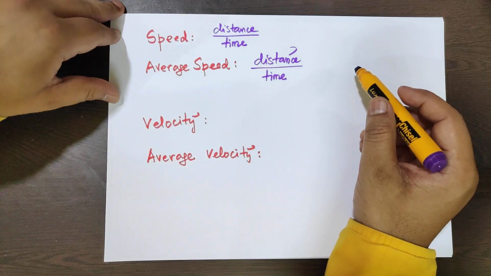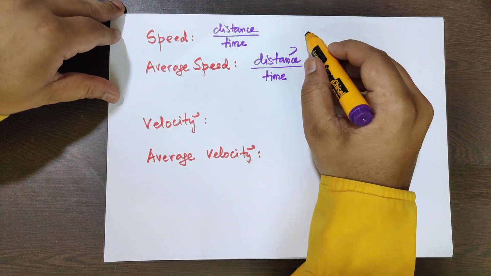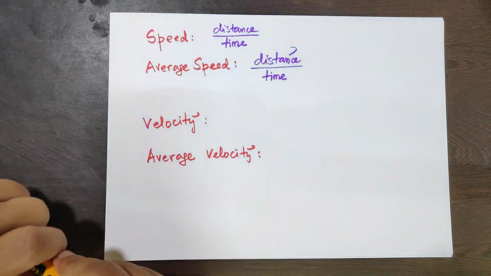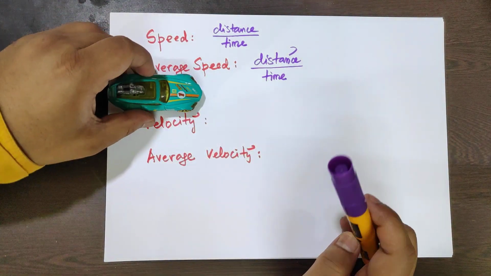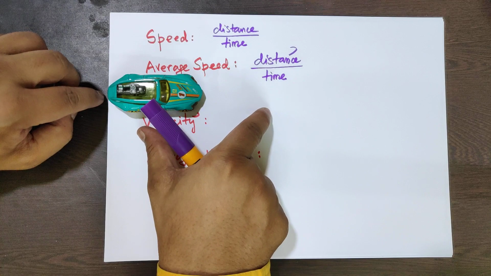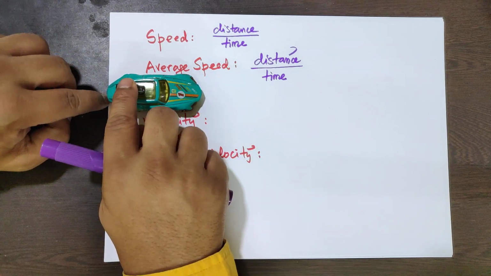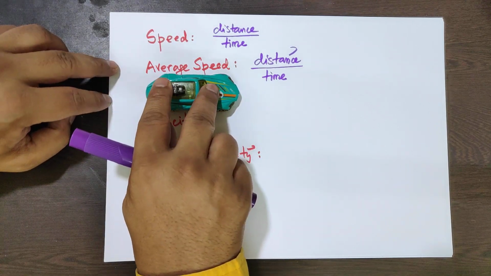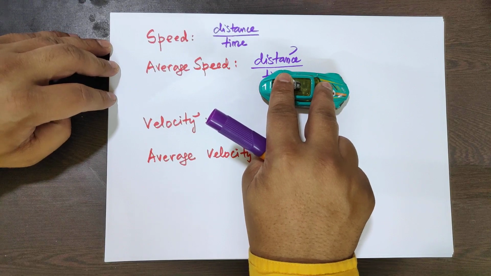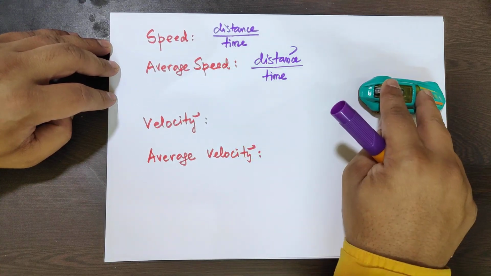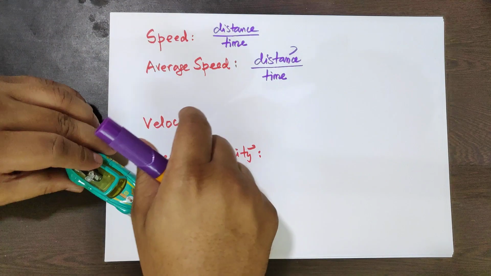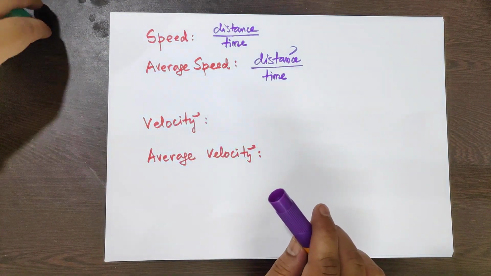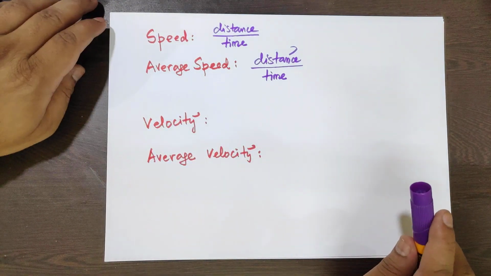Now the speed may vary. Say a car moves like this, see, fast. Now in a small part of the lane, it moves with a certain speed, and then a large speed, and then small speed again. So if you calculate the speed at various intervals of time, the speed may vary.